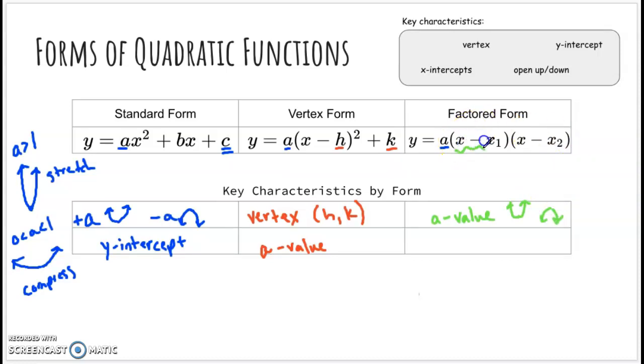And then you've got your factors, which tell you your roots or your x-intercepts. We call them roots. Sometimes we call them zeros. Sometimes we just call them factors, right? So your factored form tells you that key important information.